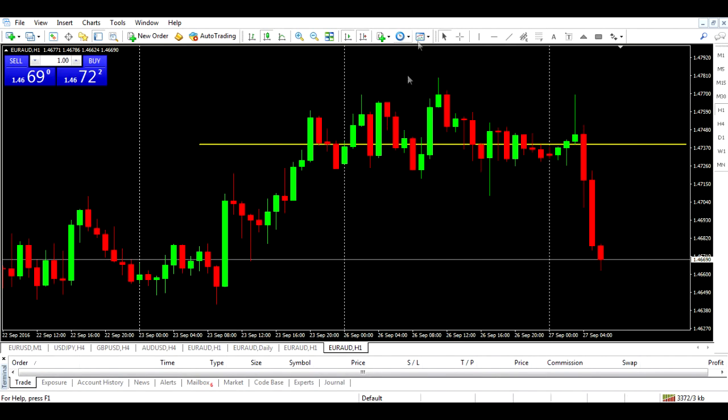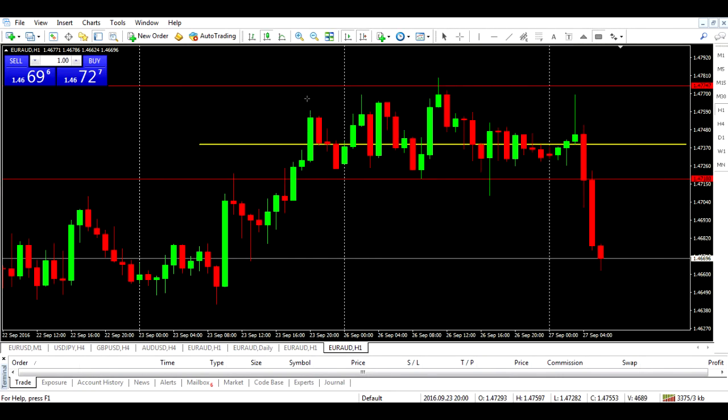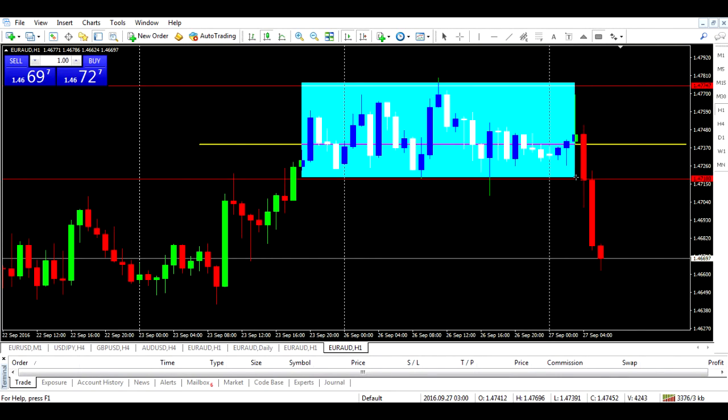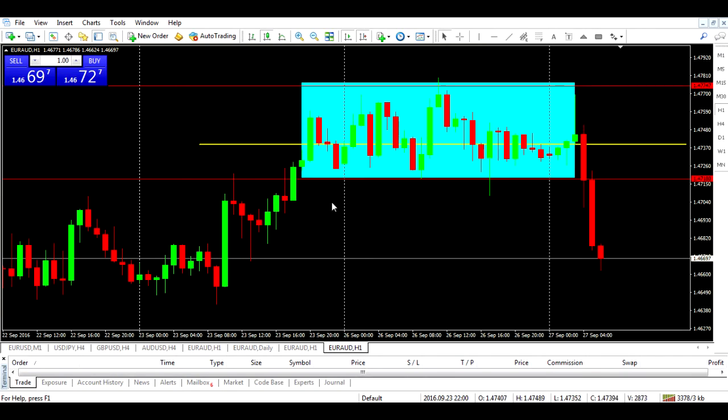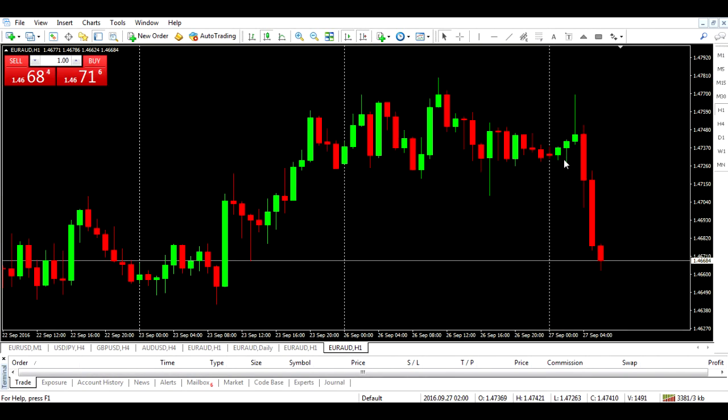It just goes up and down in a certain range. This is a price range, so I'll put a box on it so you would see it. It just goes up and down in that price range. That is a crabbish move or a consolidation, or what others call ranging.